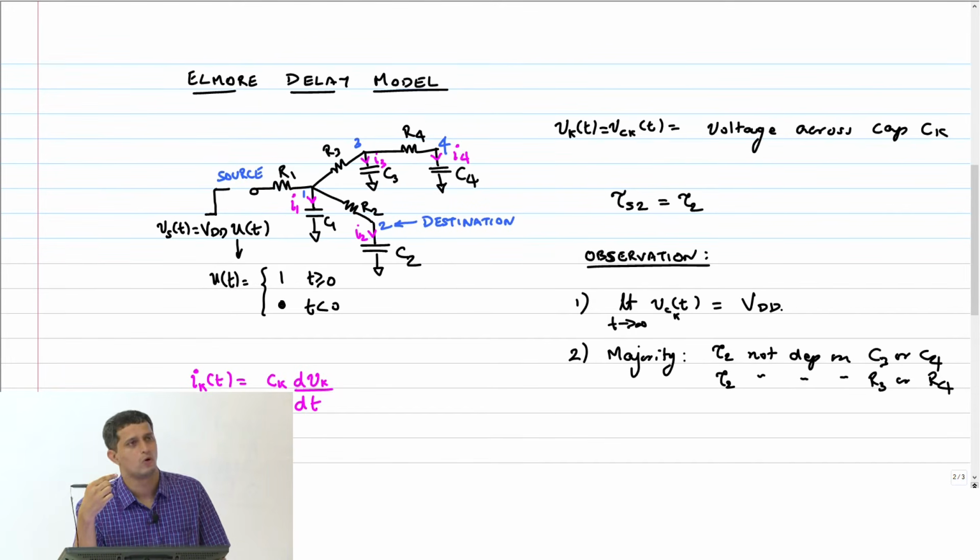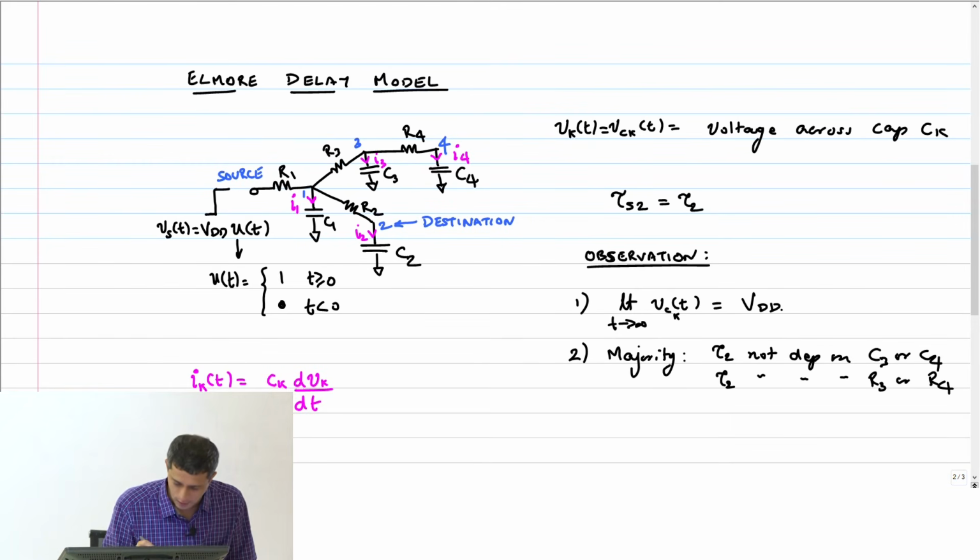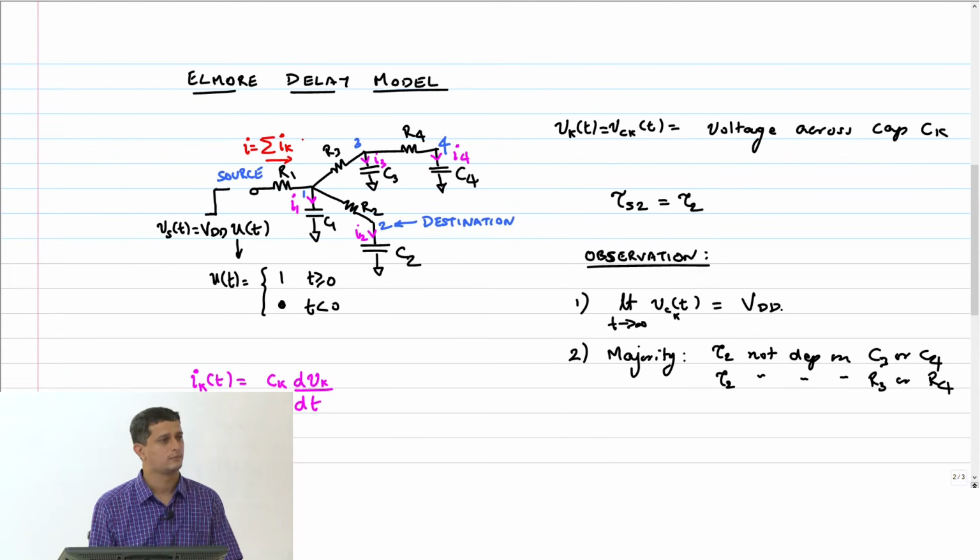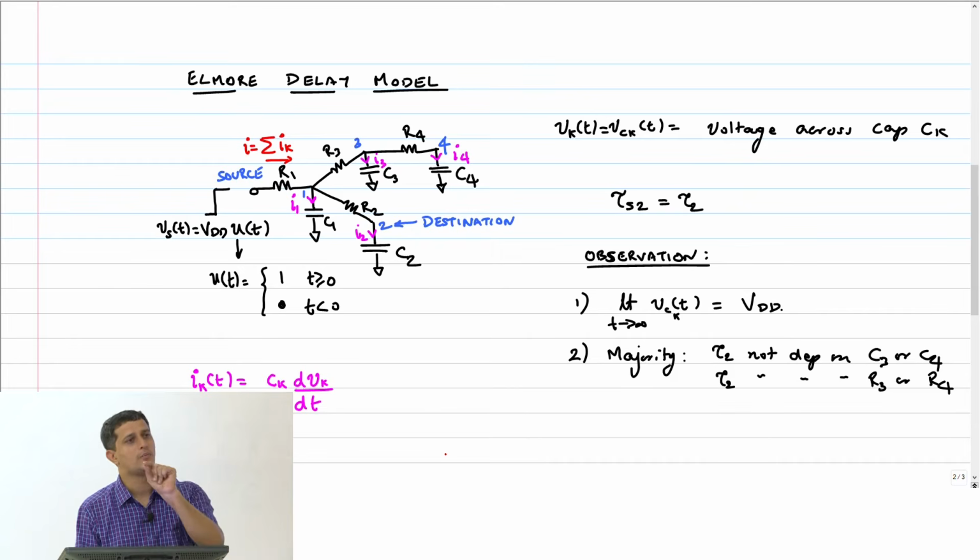You apply KCL at node 1, basically all the currents are just going to add there, and therefore this current is I equals summation of Ik. What's the current through R2? I2, right? Therefore, what is Vs minus V2?